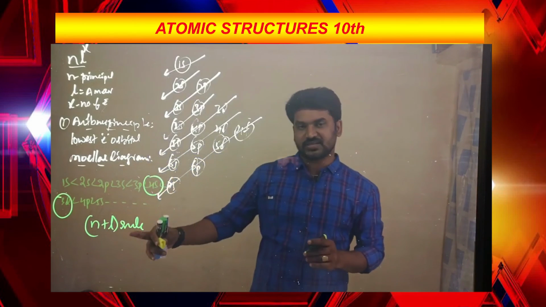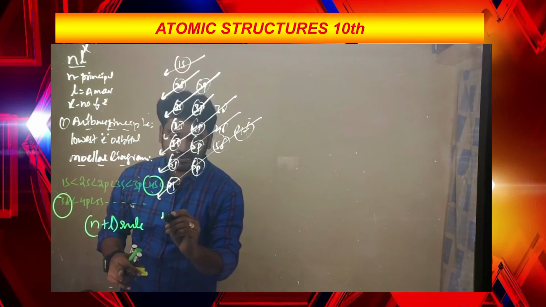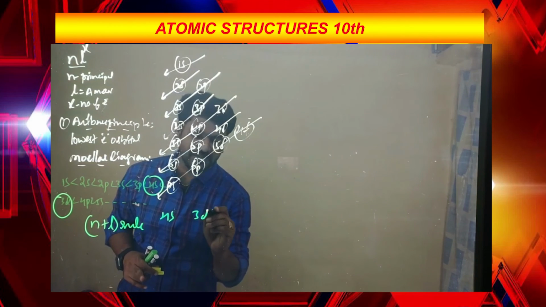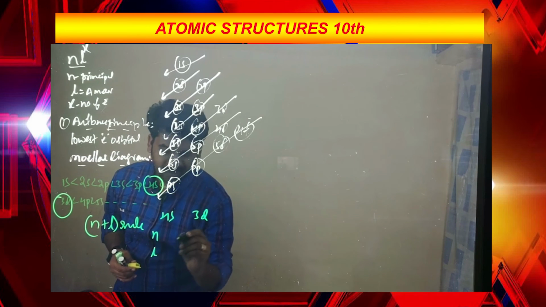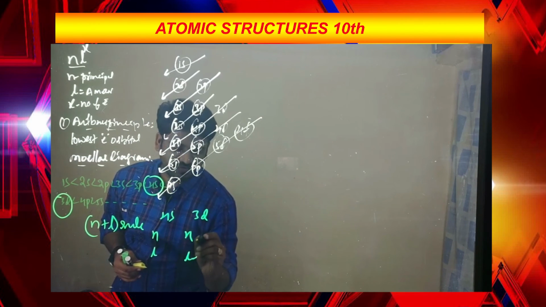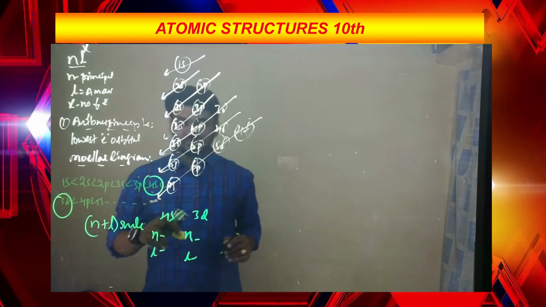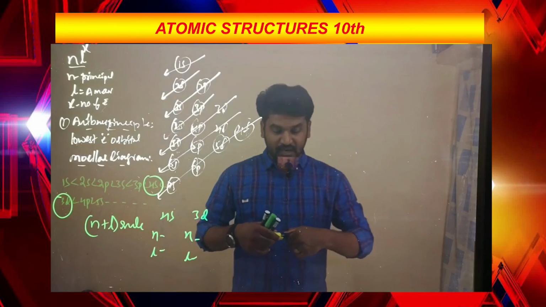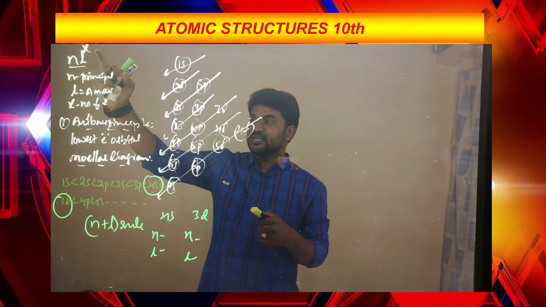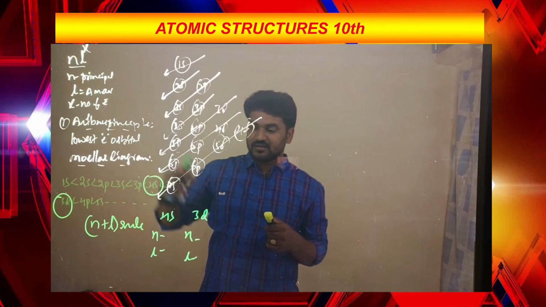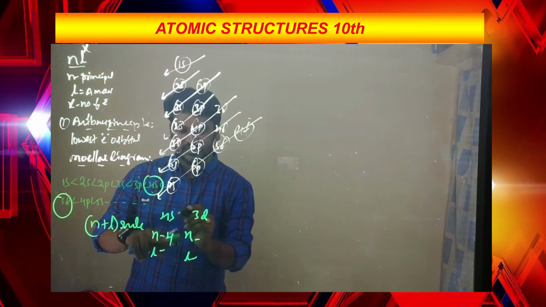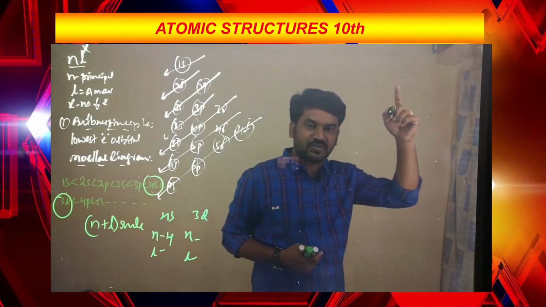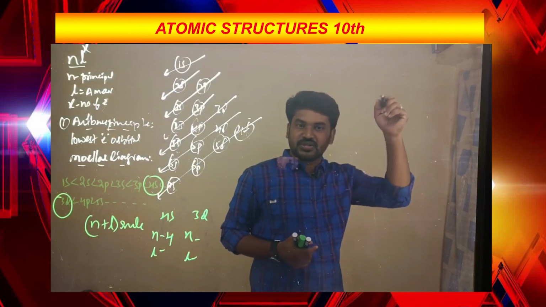According to the n plus L rule, if you are taking 4s and 3d, write the n and L values here. In 4s, n is 4 and L is 0, since in the azimuthal quantum number we discussed 0, 1, 2, 3 for s, p, d, f.